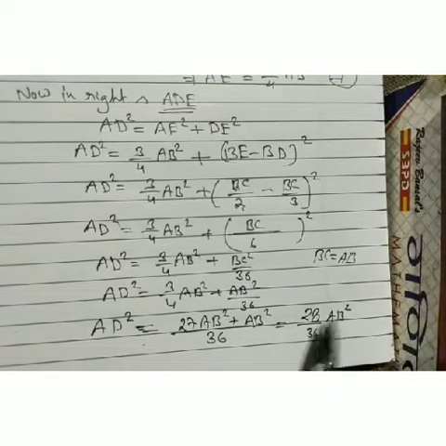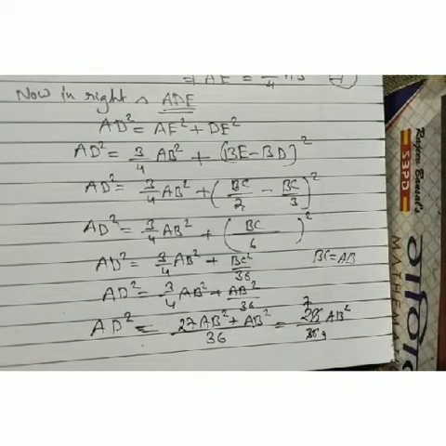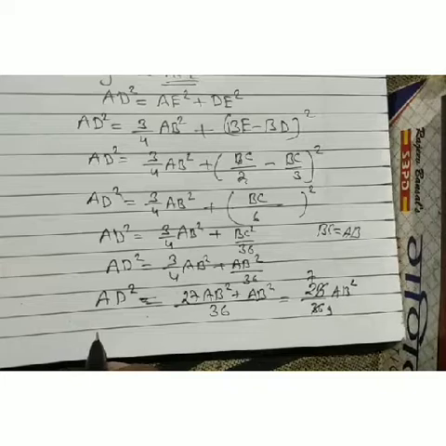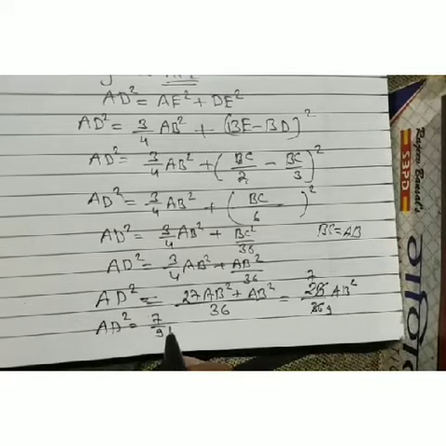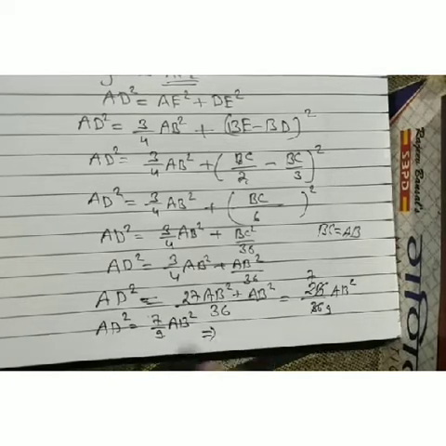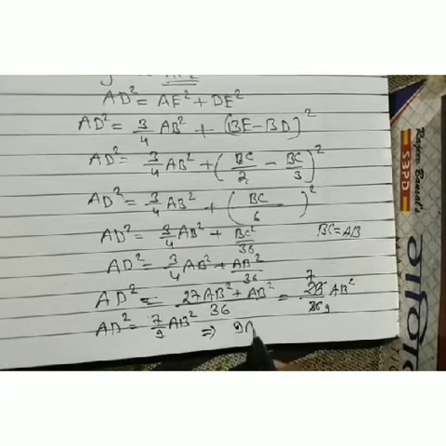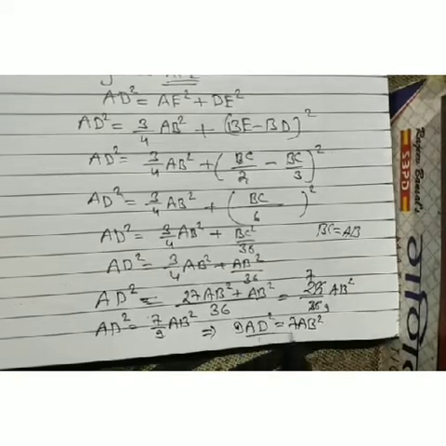Then the common factor is 4: 4 sevens are 28 and 4 nines are 36. Now we have AD square is equal to 7 by 9 times AB square. Then we have 9 AD square equal to 7 times AB square.